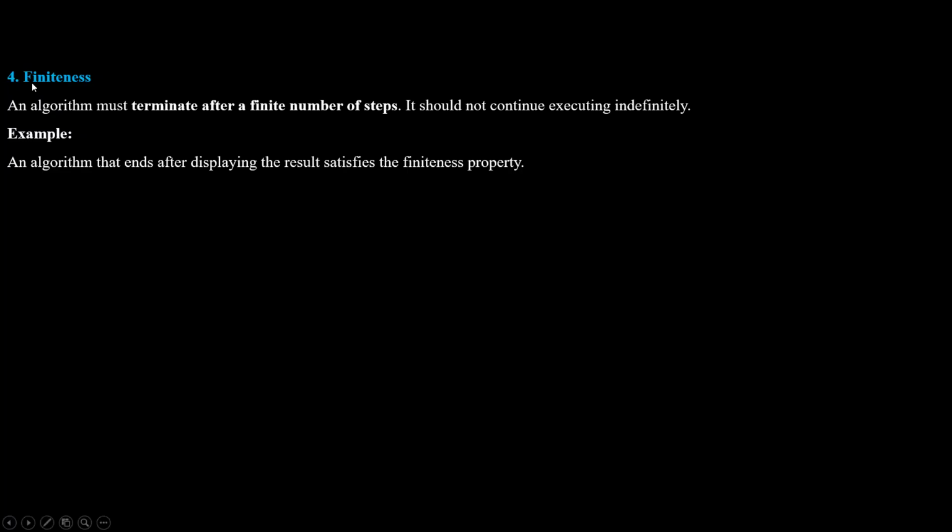Here, if you observe finiteness, when the statements are satisfied and the algorithm produces the output, the algorithm stops the process there itself and terminates. It does not continue forever; it terminates after displaying the output.